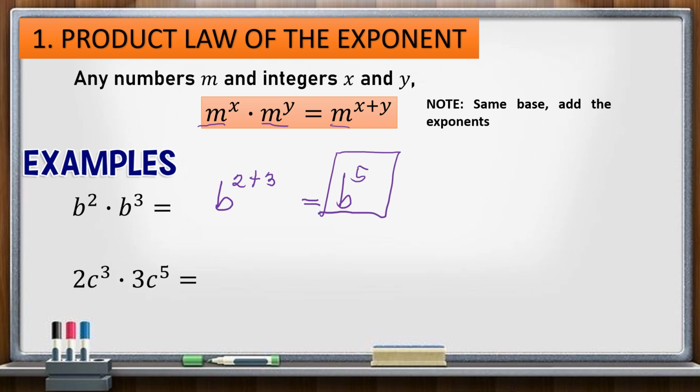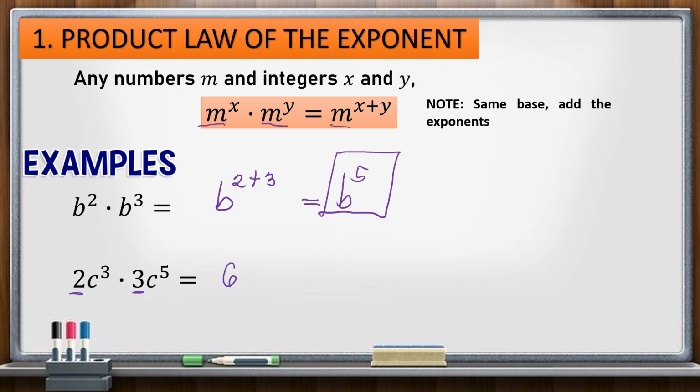Another example, we have 2c raised to 3, multiplied by 3c raised to 5. As you can see, there is a numerical coefficient here, so you also have to multiply the numerical coefficients. 2 times 3 will give us 6.